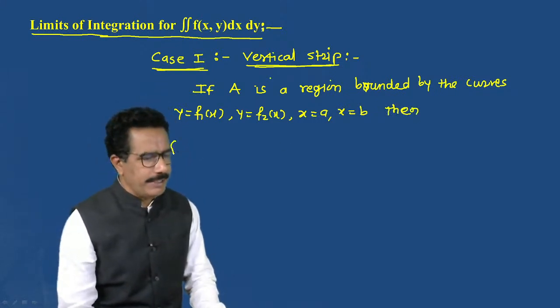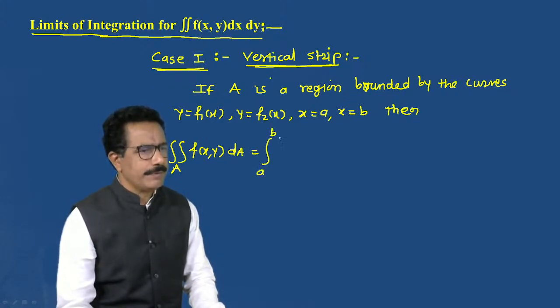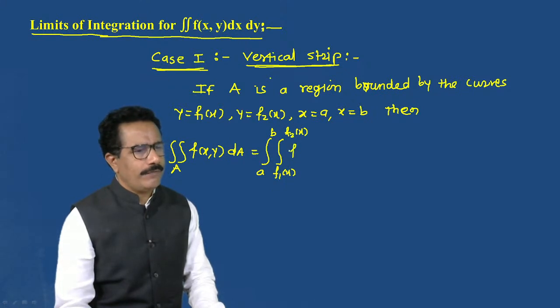How we can write the double integral over A, the region, f of x comma y dA, which is equal to integral from a to b, integral from f1 of x to f2 of x, f of x comma y dy dx.